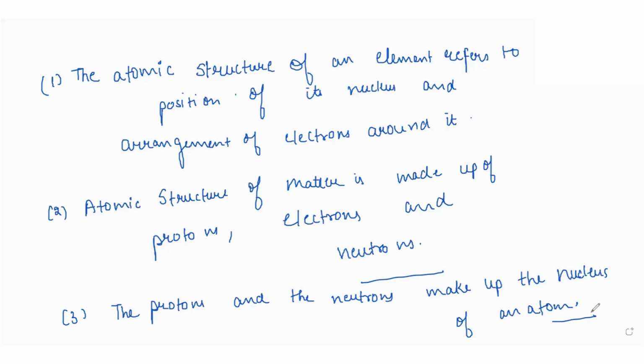So now here we have the next one. If we talk about the atomic number, there are two terms: one is the atomic number, the other is the mass number. If we have to define atomic number, it simply refers to how many protons are there in an element, the number of protons present in the nucleus.